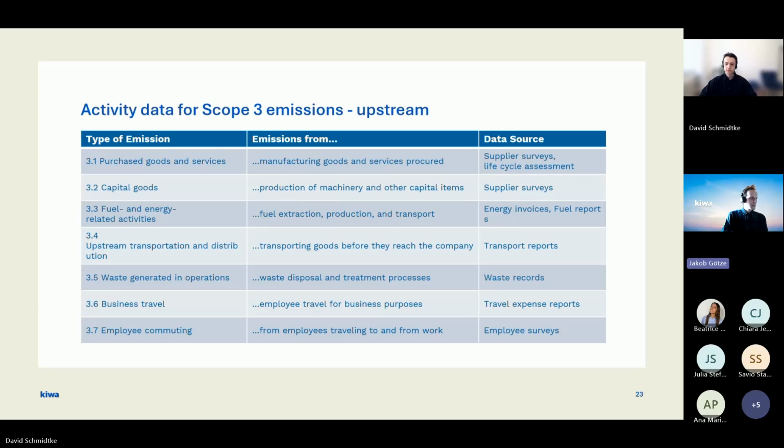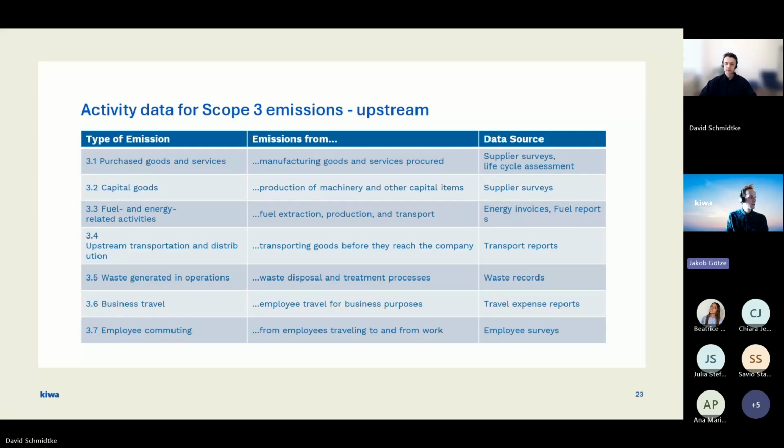Now, another example is the scope 3.3 fuel and energy related activities, which relate to the up and downstream emissions of fuel and energy production.